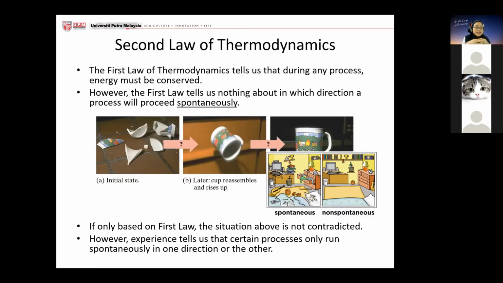There are only certain processes, or basically all processes, that can only run spontaneously in one direction or the other. It doesn't occur both ways. So we know in our minds what is happening spontaneously and what is not possible to happen spontaneously. So we already know this one definitely doesn't happen in the real world.